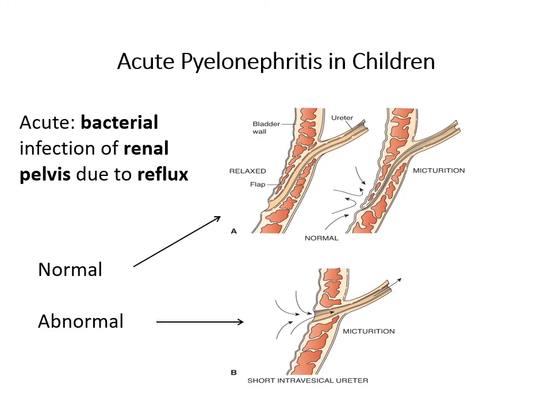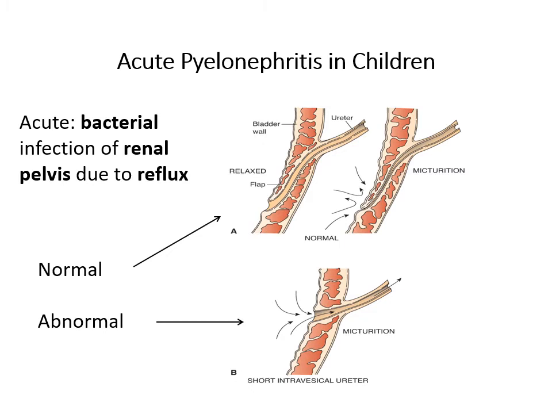Some children have slightly abnormal ureters that come into the bladder, and as their bladder fills, they reflux urine back up to the kidney, and they get recurrent pyelonephritis.